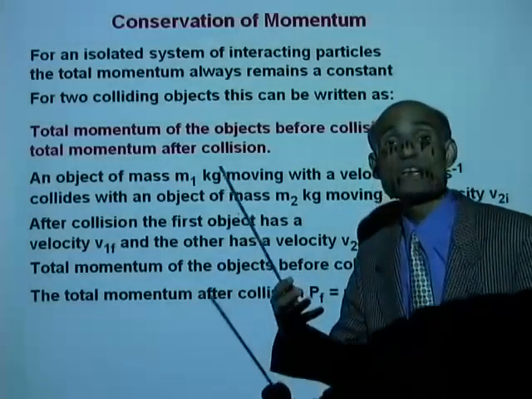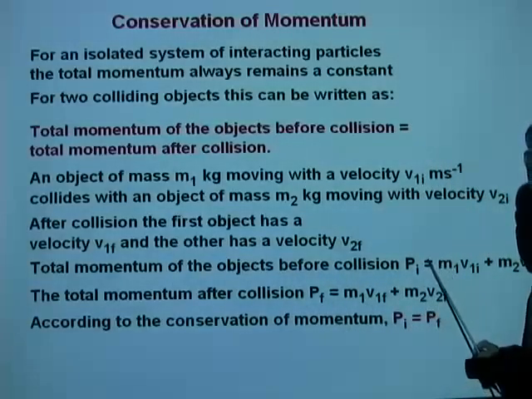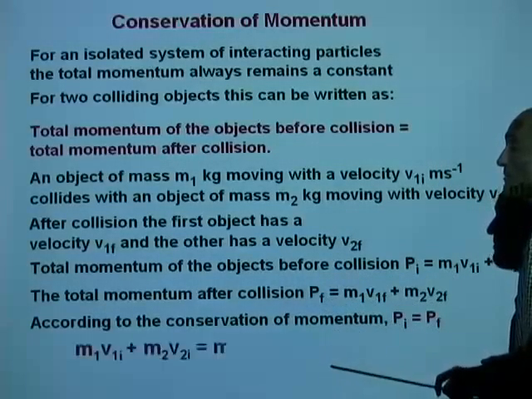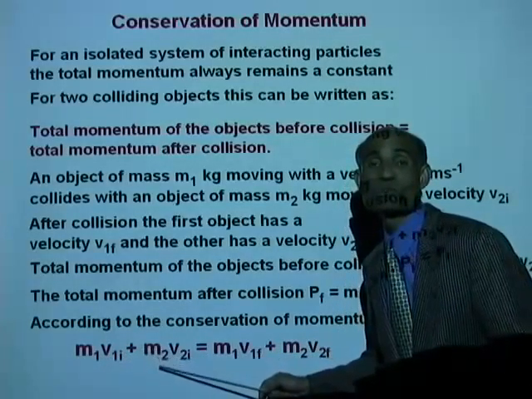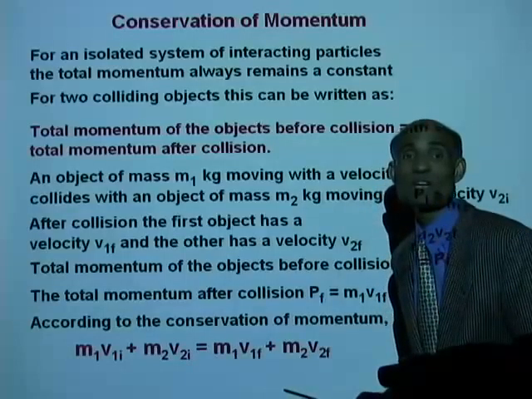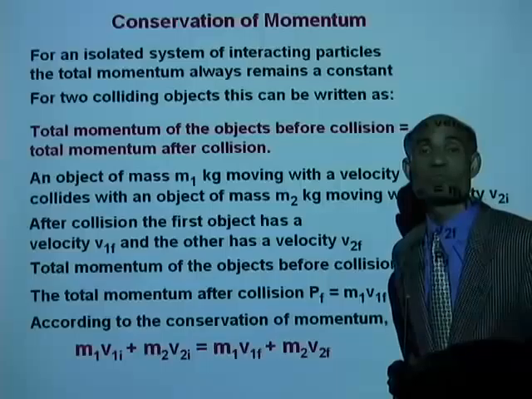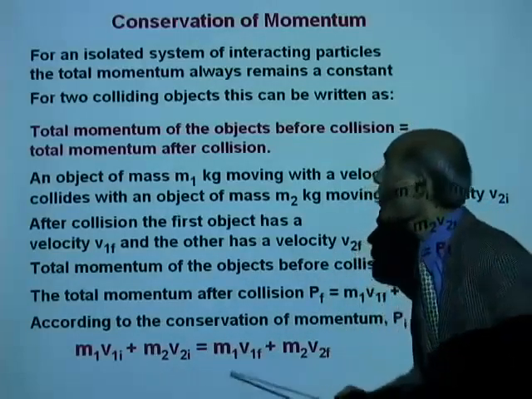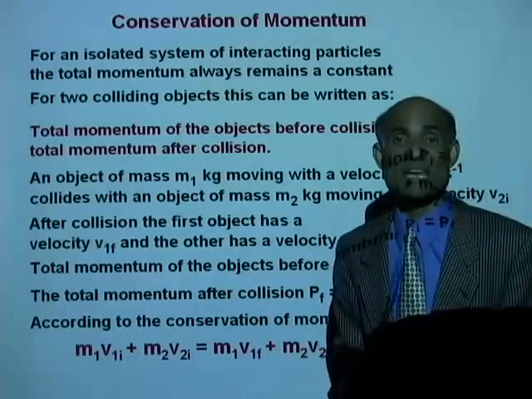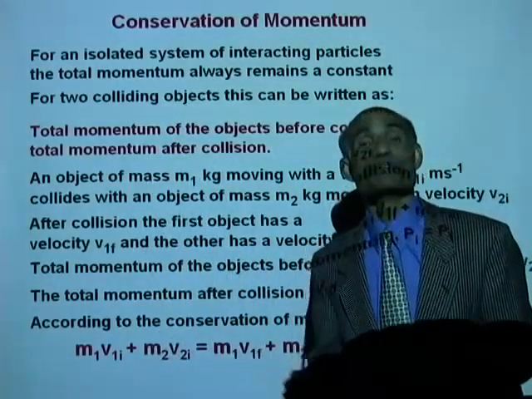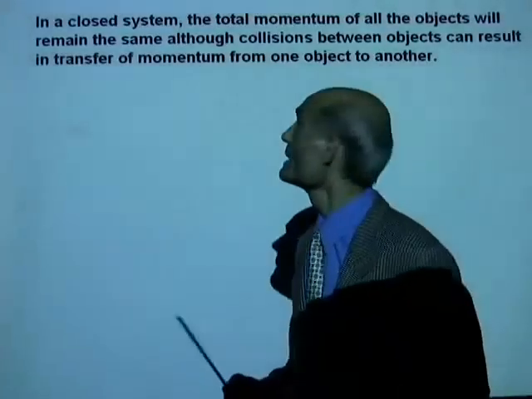If you apply the conservation of momentum, what do you get? Pi should be equal to Pf. m1 v1I plus m2 v2I must be equal to m1 v1f plus m2 v2f. And that is what the law of conservation of momentum says. And we will use that for solving problems very often.